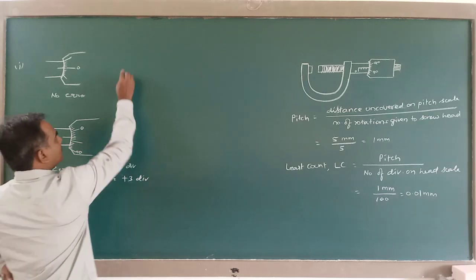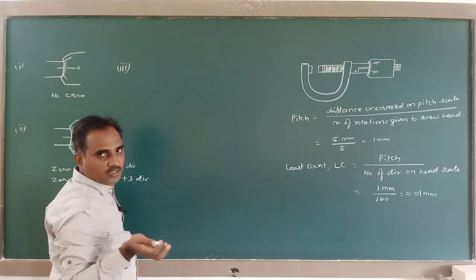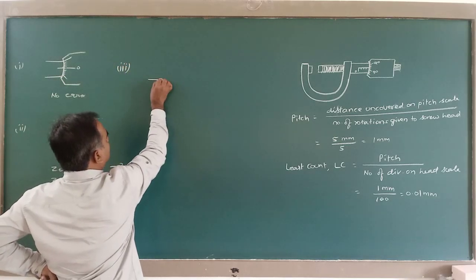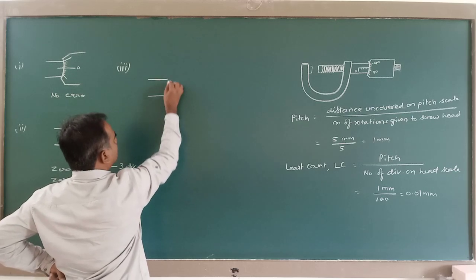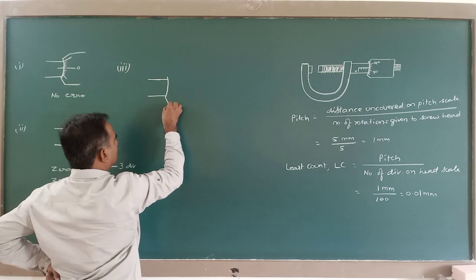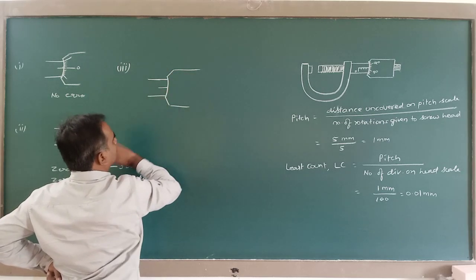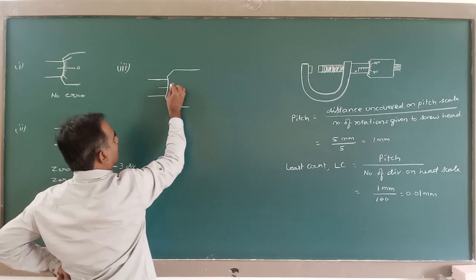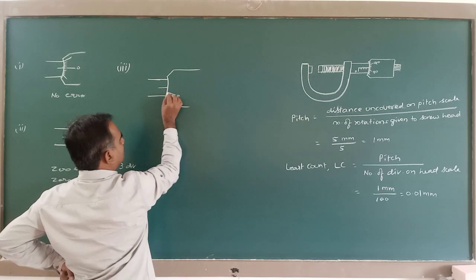In the next case, some instruments can also have positive error. See, this is the screw gauge and this is the screw head. This is the pitch line, and 0th division is somewhere here.